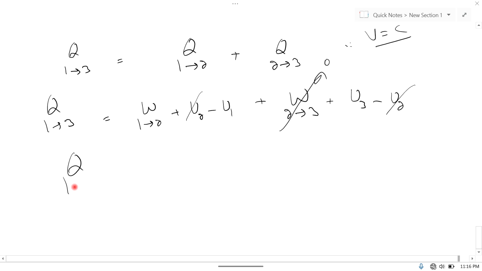So Q from 1 to 3 is equal to work done from 1 to 2 plus U3 minus U1.